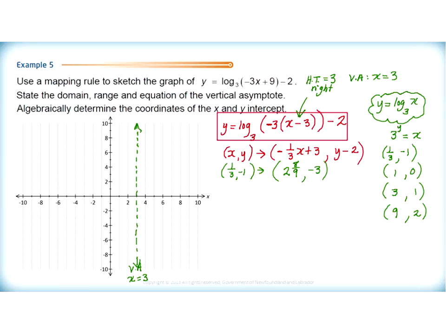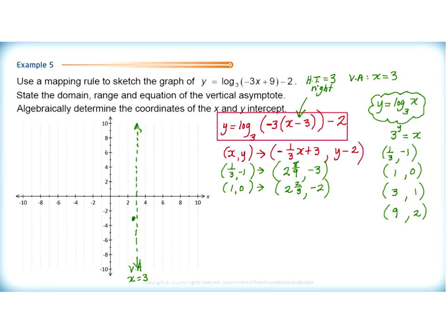So you have the point 2 and 8/9, which is very, very close to the left side of that asymptote, and negative 3. You have the point 1 and 0. That will get mapped onto negative 1/3 times 1 is negative 1/3 plus 3 is 2 and 2/3. And 0 minus 2 is negative 2.